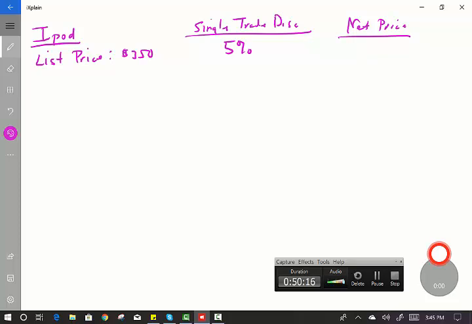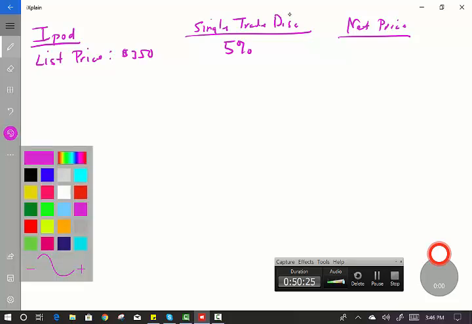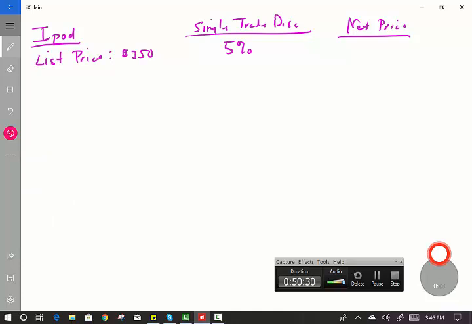On this particular item, all I do to calculate the net price is take the complement of 5%, so I'm going to take $350 and multiply that times the complement of 5%, which is 0.95, and then this will give me the net price of $332.50.